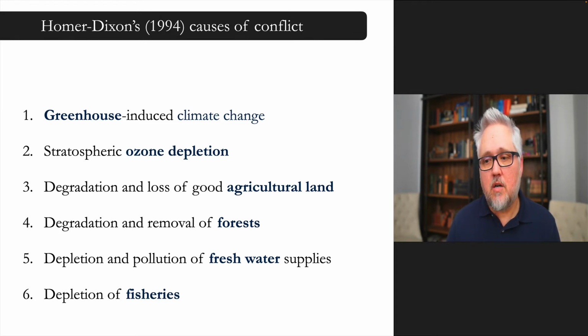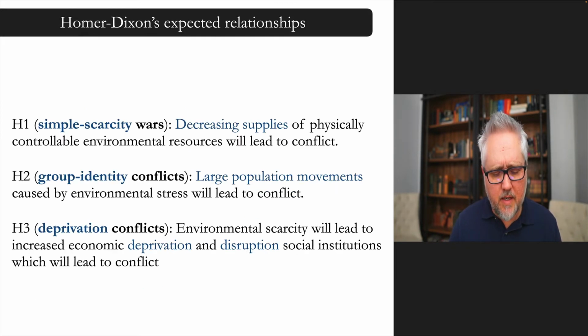That these causes of conflict can be often due to scarcity. And that kind of links to his first expected relationship, hypothesis 1, the simple scarcity kind of war, that decreasing supplies of physically controllable environmental resources will lead to conflict.